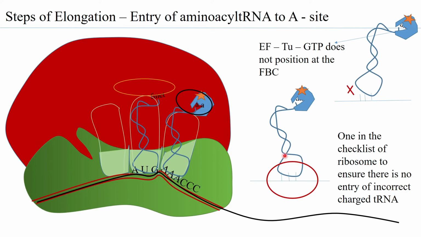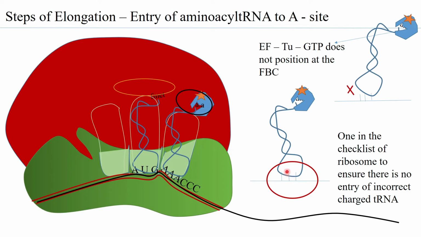So if this interaction is correct, then that forms a mini helix, with the helix having a proper minor groove and major groove formed. We know that every base pair contributes to formation of the minor groove and the major groove. So if the base pairing is not correct, it will not form a proper minor groove and major groove.